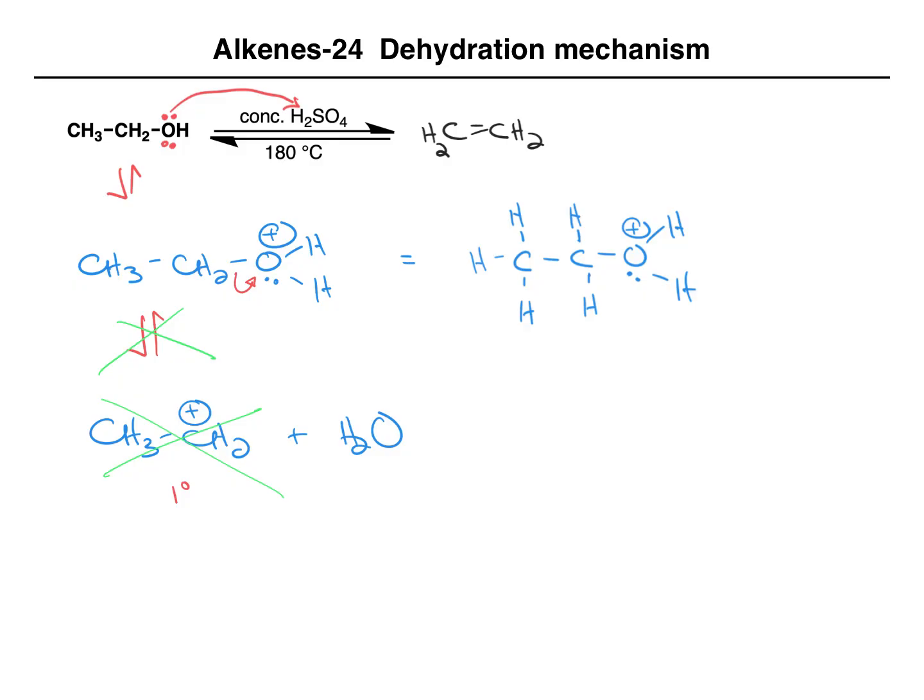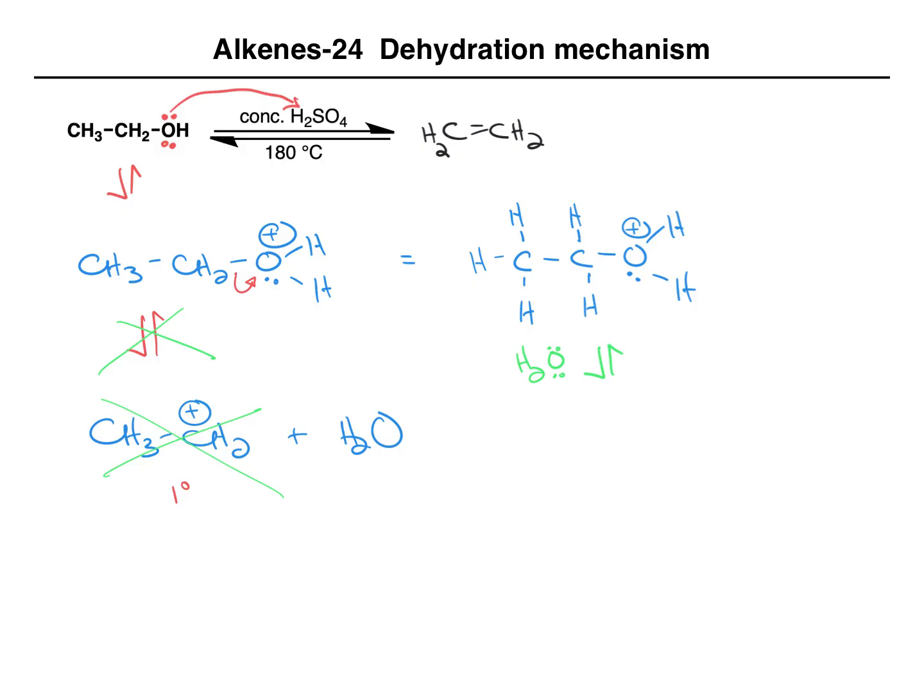So unlike what we saw in the case of a tertiary or a secondary alcohol, with a primary alcohol, water is instead going to act as a base before the leaving group leaves. So once again, keep in mind, this is our alpha position, this is our beta position.